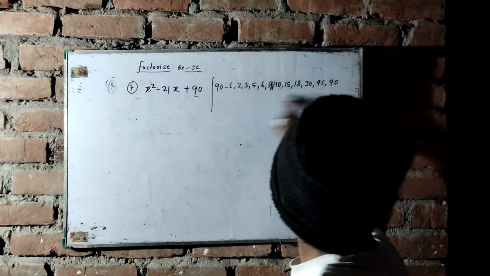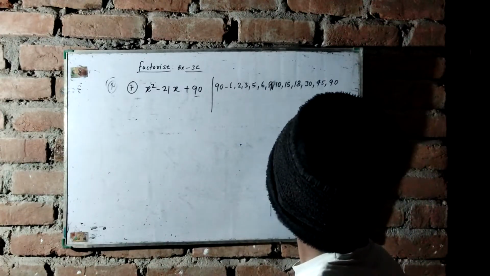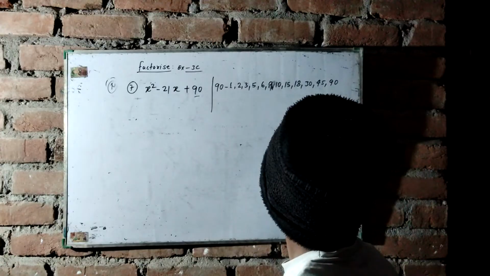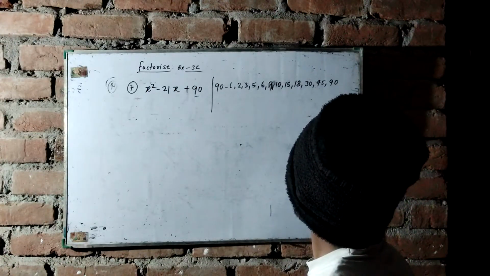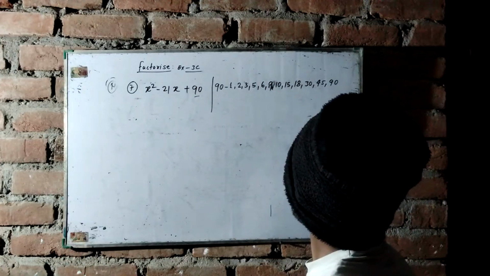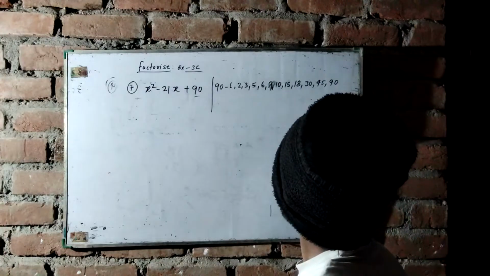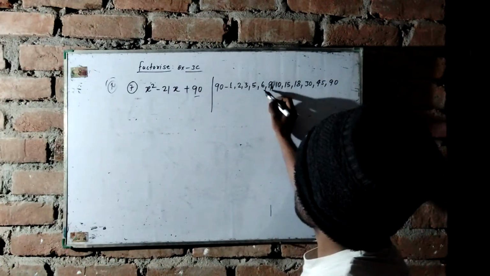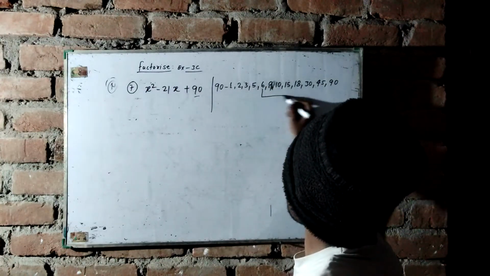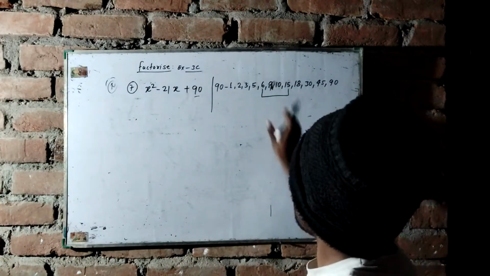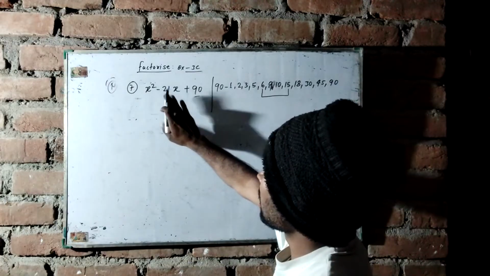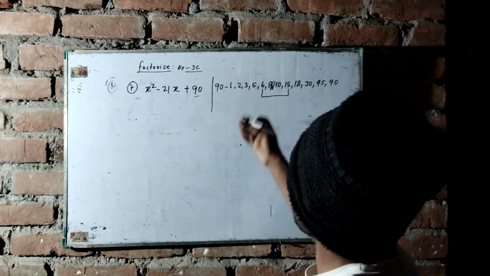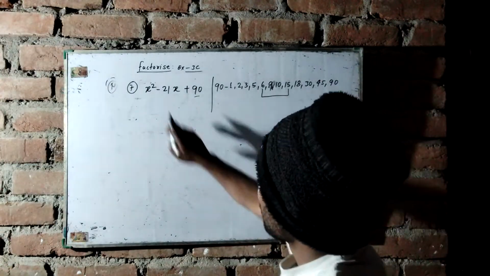We can see here 6 and 15 whose product will be 90. Sum will be 21 and difference will be 9.